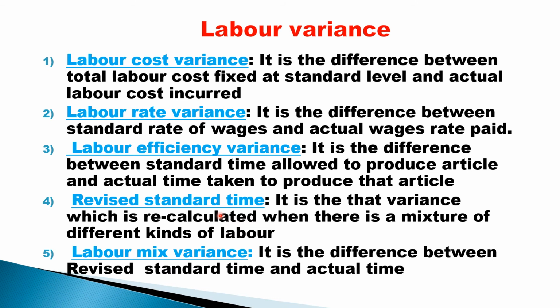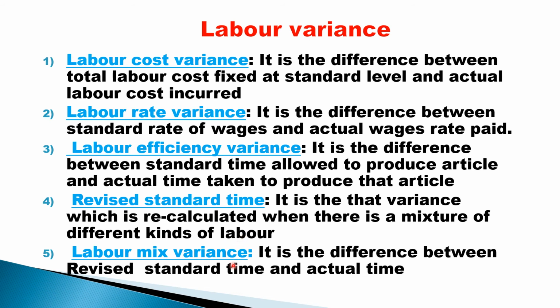Under such a situation, we revise the standard time because a skilled worker will take 1 hour to complete, while an unskilled worker will take 2 hours. So when there is a mixture of these types of workers, we get revised standard time. It is the variance which is recalculated when there is a mixture of different kinds of labor.